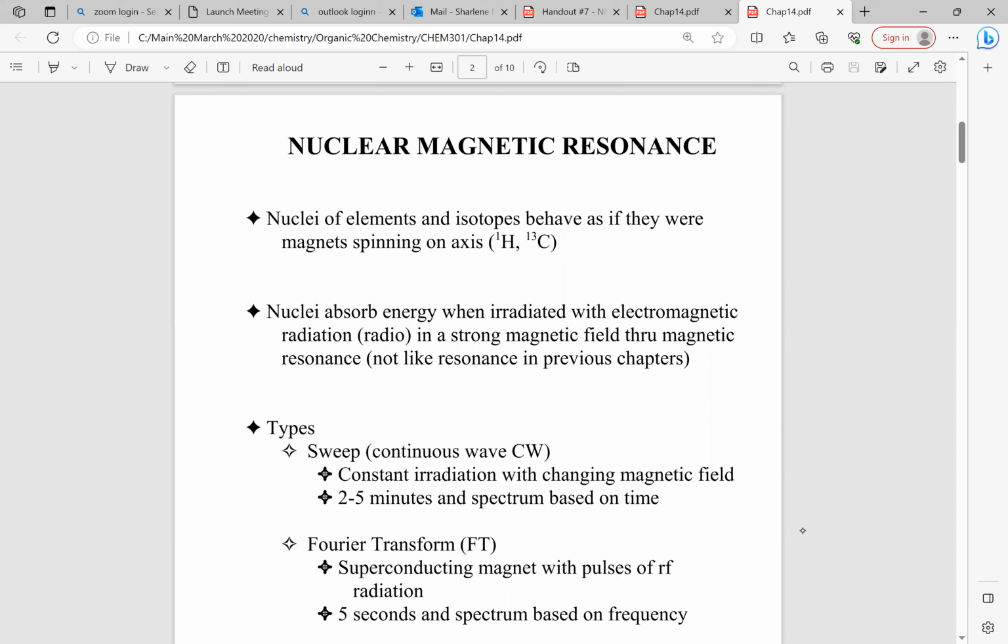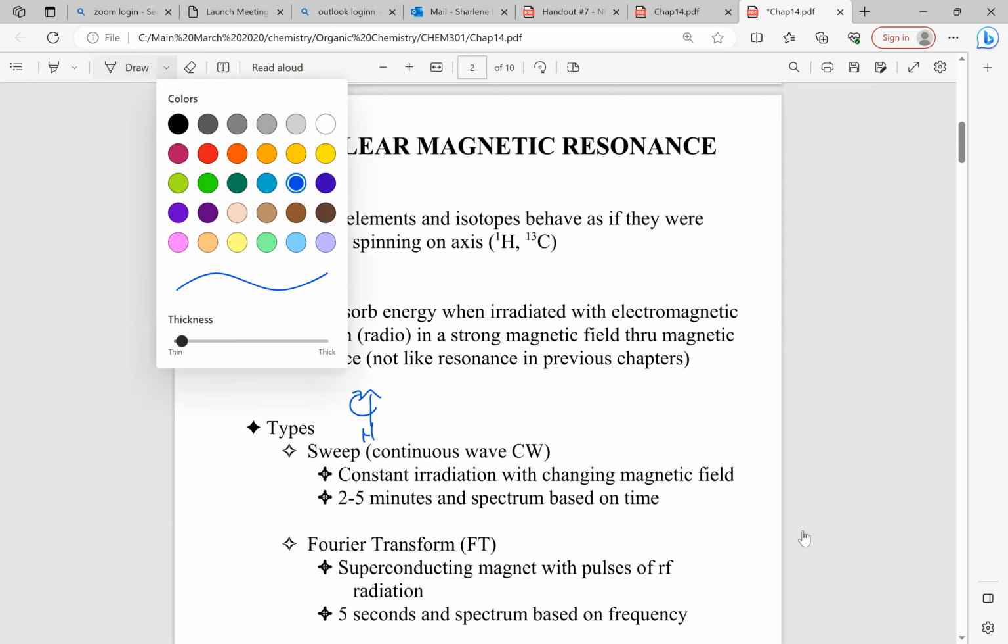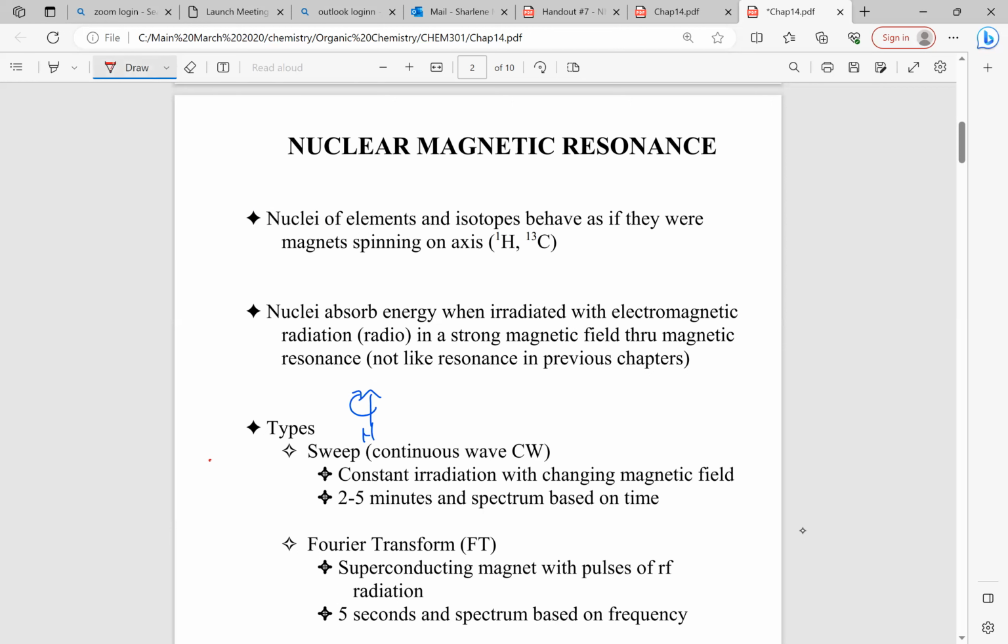Pardon the picture here, but imagine that's a hydrogen nucleus. This hydrogen nucleus is creating a magnetic field. That is placed inside a bigger magnetic field, and we're talking huge. So there's an external magnetic field, and we have these two magnets.